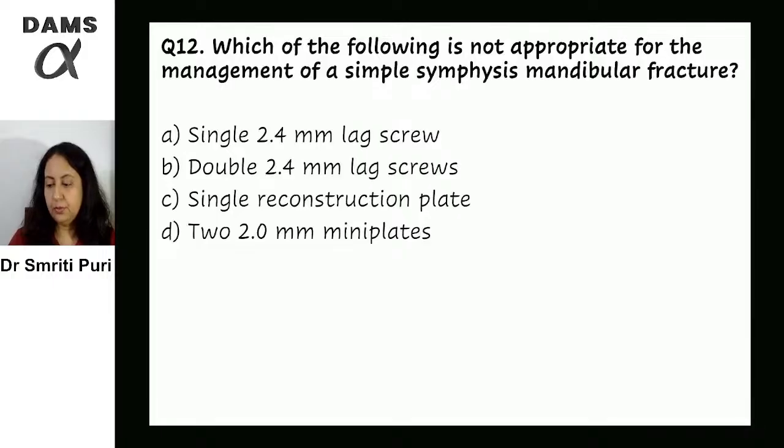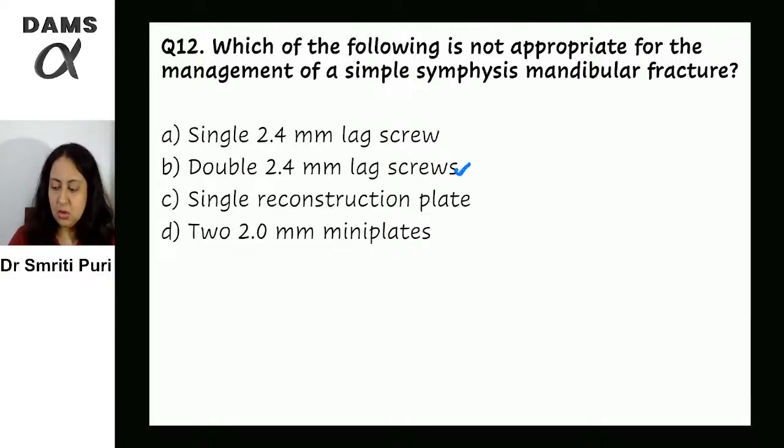Okay. So it is saying which is not appropriate for a simple symphysis mandibular fracture. Let's see. A single 2.4 mm lag screw. This may not be appropriate. Double 2.4 mm lag screw.